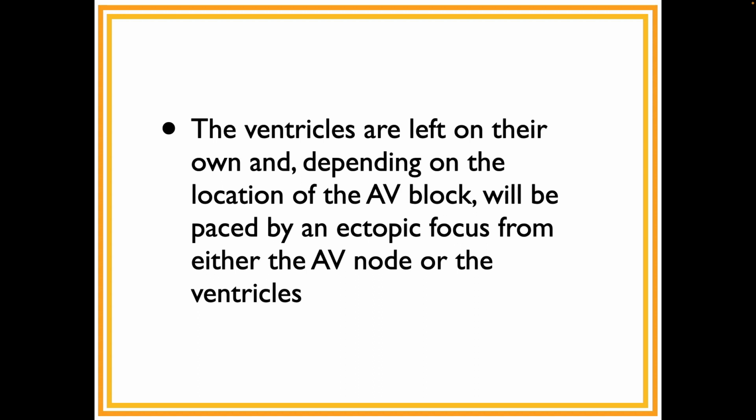So now we have two possibilities of where the escape rhythm comes from. It can come from within the ventricles, but it can also come from within the AV node itself. So it's possible for the ventricles to be paced by the AV node, and what you'll see on the ECG strip is a junctional escape rhythm.